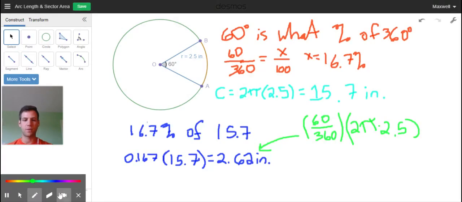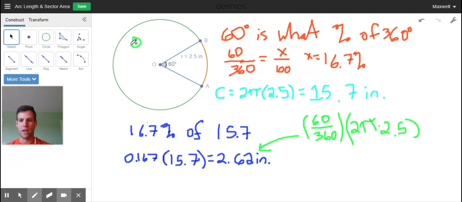Now, the last thing with arc length before we end this portion is we won't always have 60 degrees and 2.5 inches for the angle measure and radius length. Frequently in math, you see this Greek letter right here, called theta, representing unknown angles. So that would be what the 60 is.